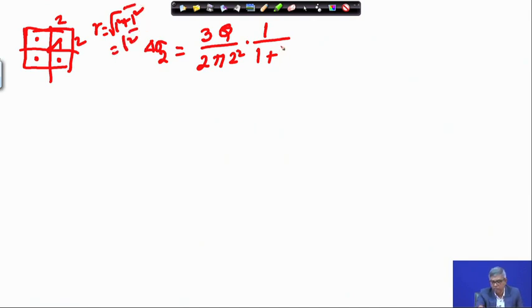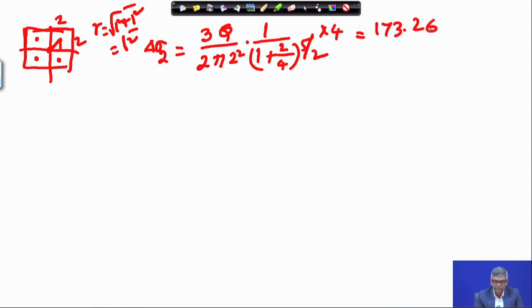So, root 2 squared is 2, and 2 squared is 4, and this will be 5 by 2. And there are 4 parts, so I can finally multiply by 4, and I will get the value equal to 173.26.